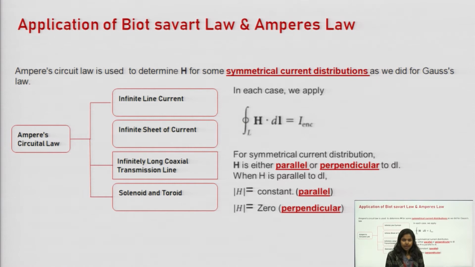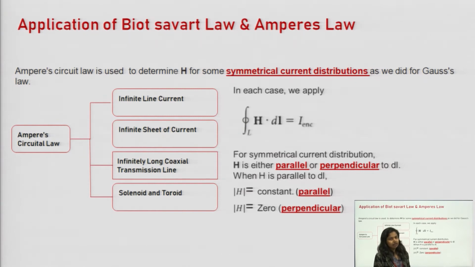law. In electrostatics, we have studied two laws, that is Coulomb's law and Gauss law. Among those two laws, Coulomb's law can be used for any kind of charge configuration. However, Gauss law can be used to find electric field only for symmetrical charge distribution.